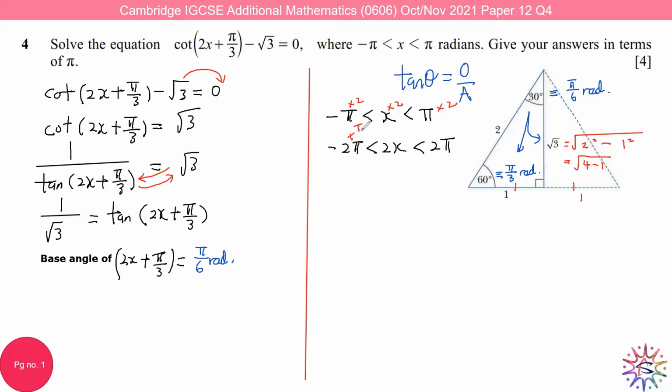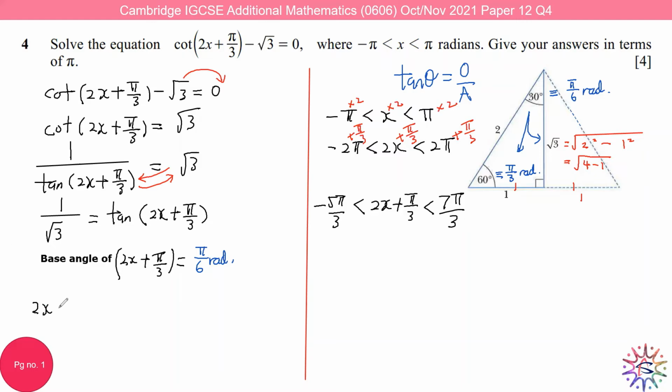And we will add pi over 3 on each side. And with that, we can get the new range. So the new range of 2x plus pi over 3 will be greater than negative 5 pi over 3 and less than 7 pi over 3.